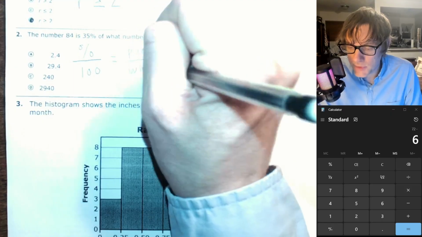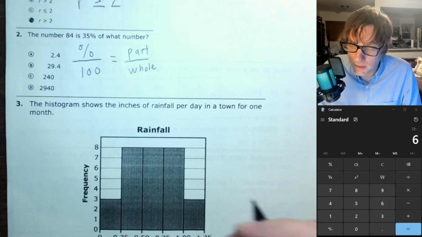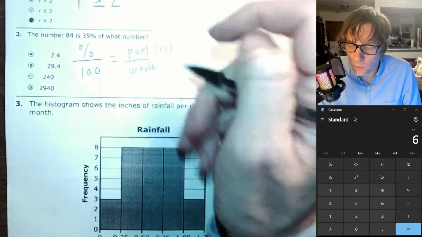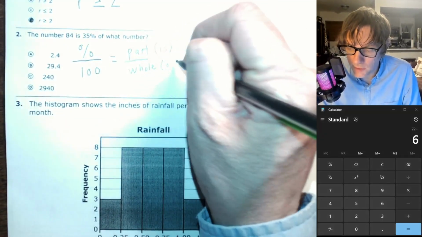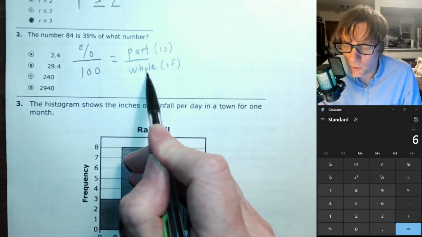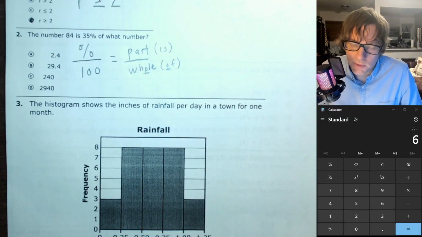And within problems like this, sometimes you'll see words such as is and of. The part is always the is, and the whole is always the of. And the way I remember that is because there's an O in whole, and there's also an O in of. So that just helps me to remember that.